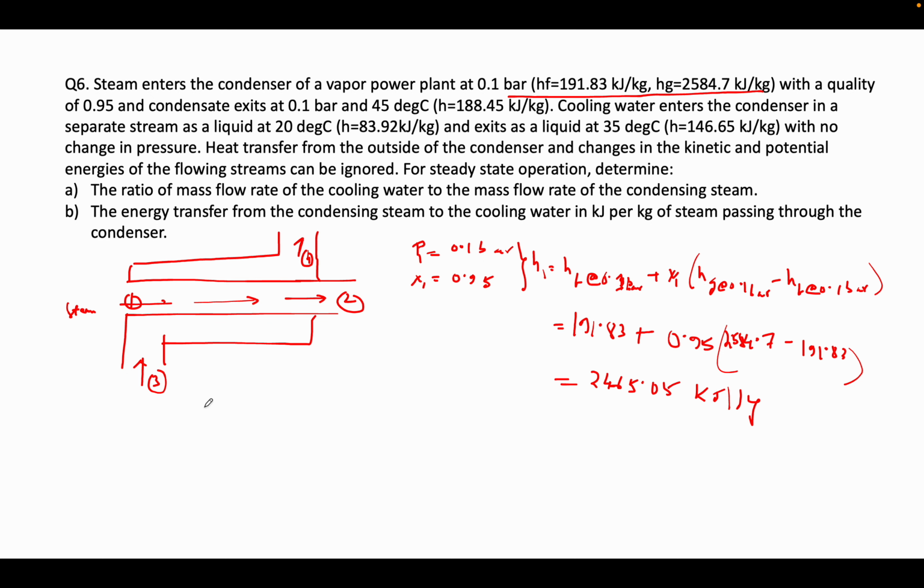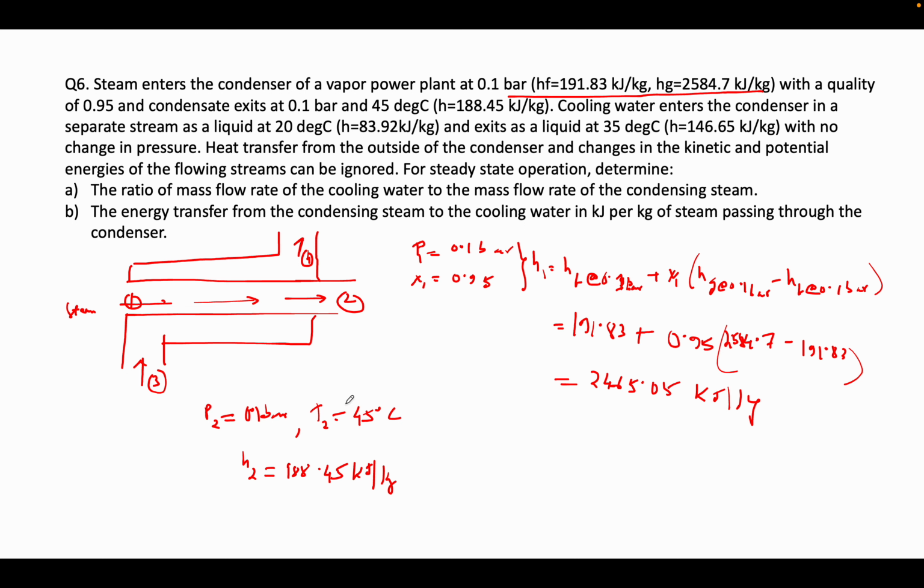So P2 is given to us as 0.1 bar only, and T2 is given as 45 degrees Celsius. It is also telling us that at this state it is condensate, meaning liquid state, and its enthalpy is also given to us, that is H2 is equal to 188.45 kilojoule per kg.